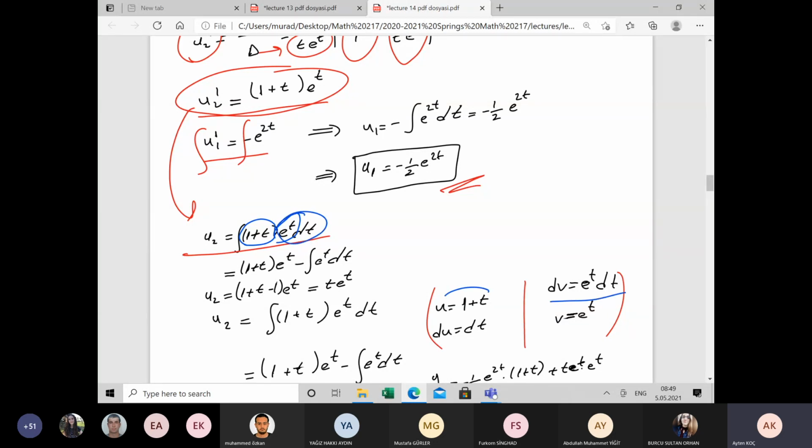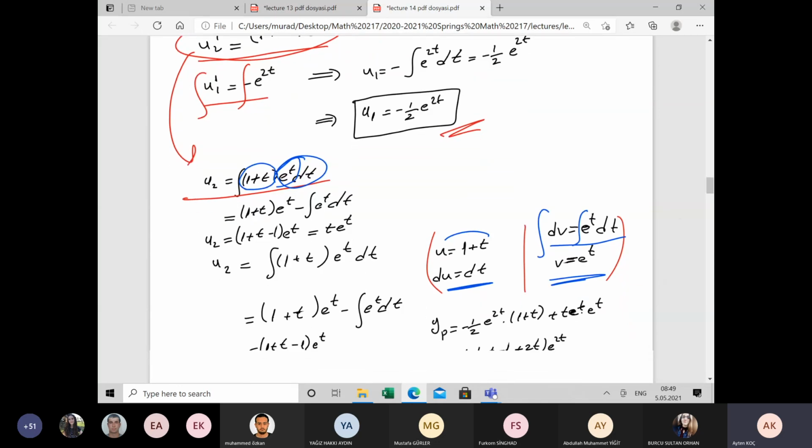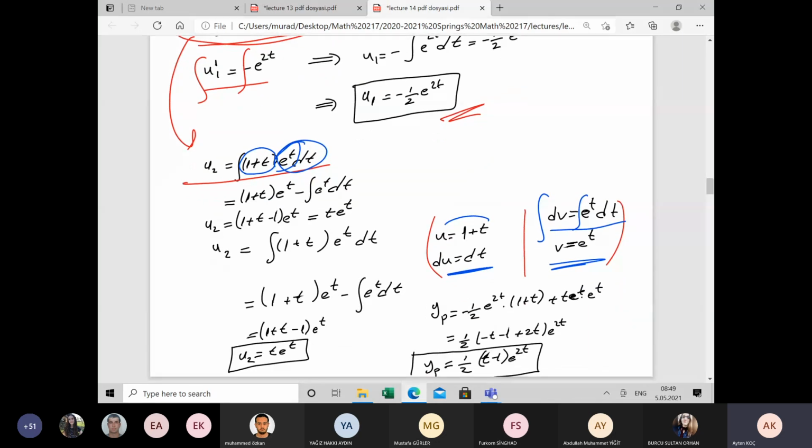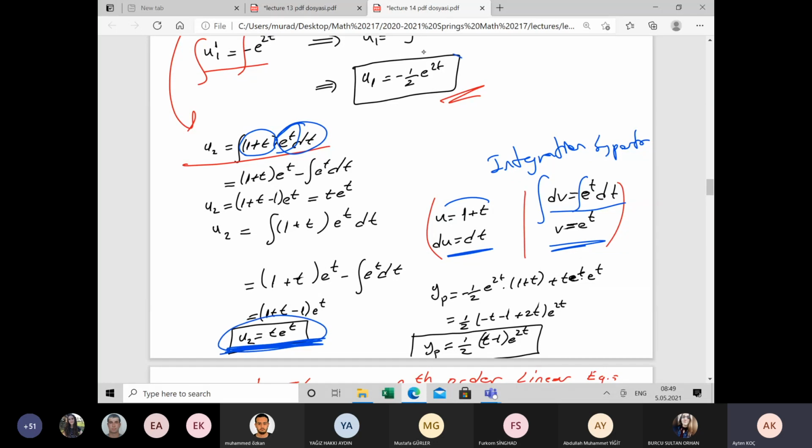So du is dt, and integrating, we obtain v. Use the integration by parts formula, and we obtain u2, and also u1, minus 1 over 2 e to the 2t.